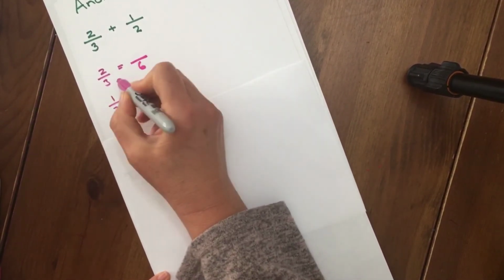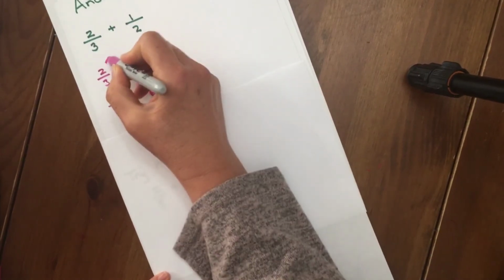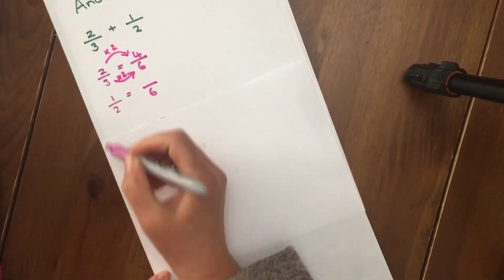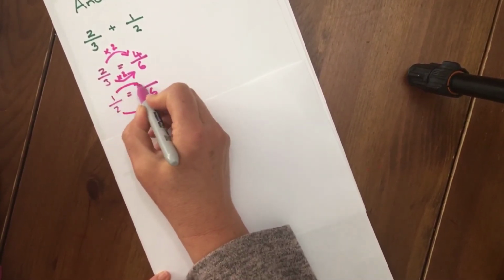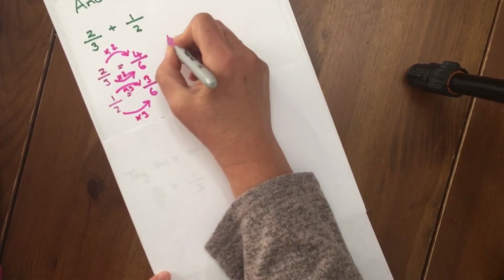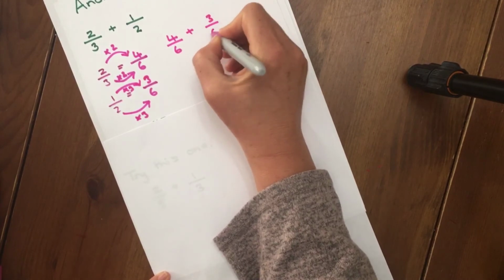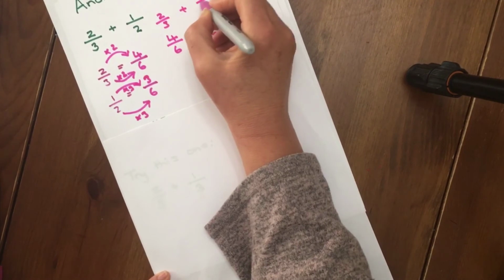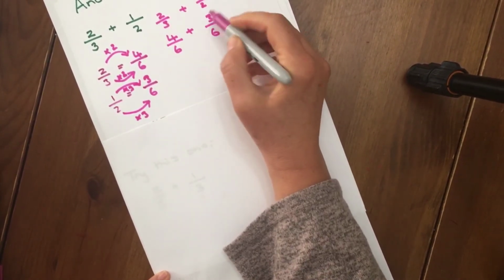Then you're going to use equivalent fractions, times 2, times 2. So I get 4 on the top. 2 times 3 is 6, times 3, 1 times 3 is 3. So now my question becomes, it was 2/3 add 1/2, but 2/3 is 4/6 and 1/2 is 3/6.